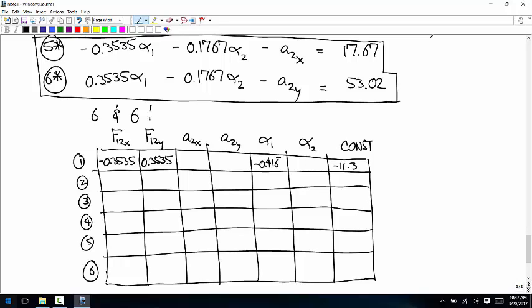Equation 2 says f12x, we have negative 1. a2x, we have negative 5. Everything else is 0. Equation 3, f12y, we have negative 1. a2y, we have negative 5. And the constant is positive 49.05.